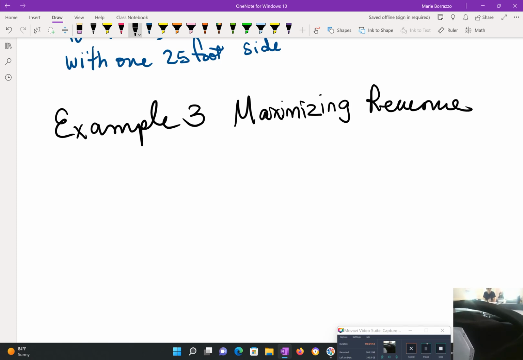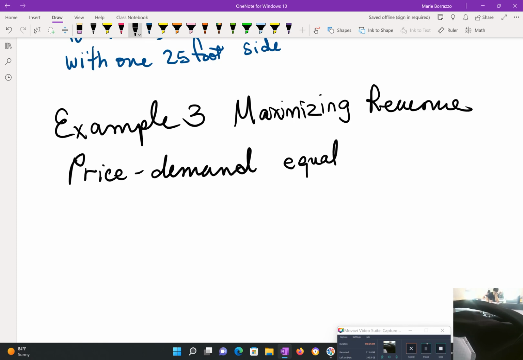The price demand equation, so this is important, which is, in this case, P is equal to 10 minus 0.001x. It says, what price should the company charge for the markers to maximize the revenue? And what is the maximum revenue?